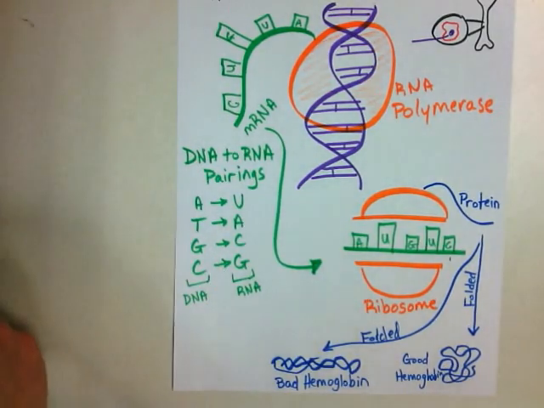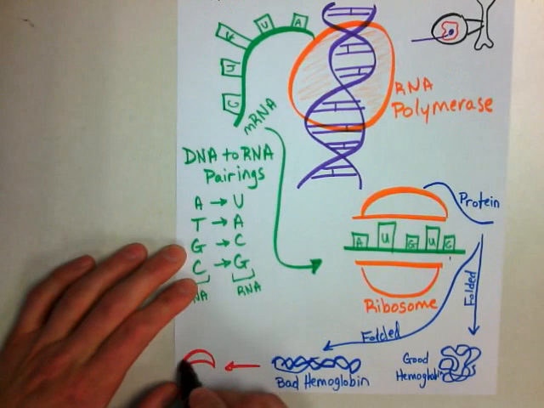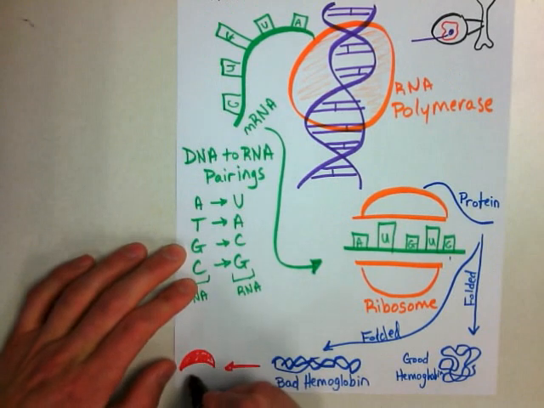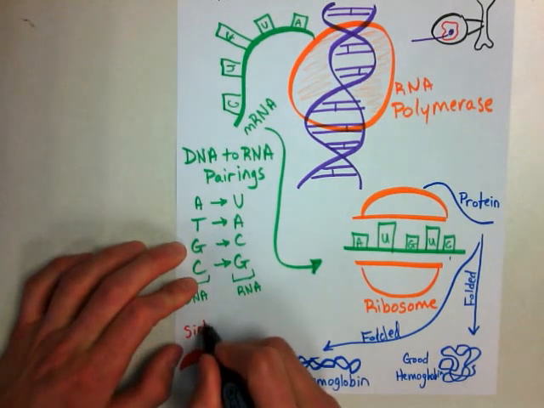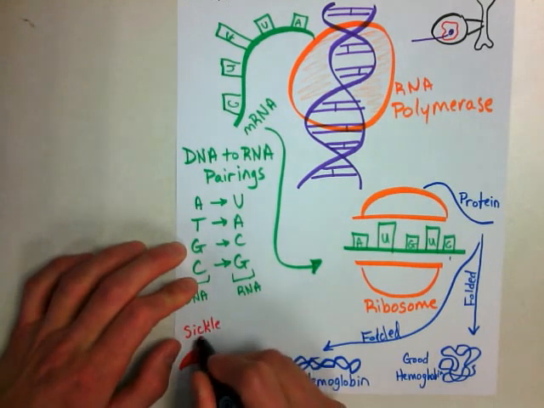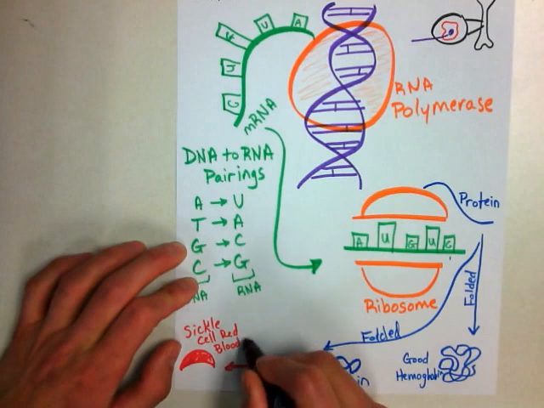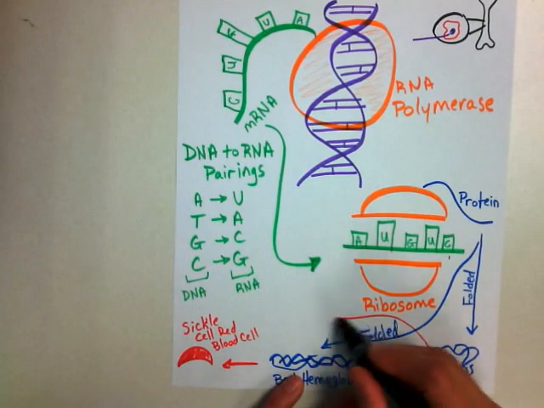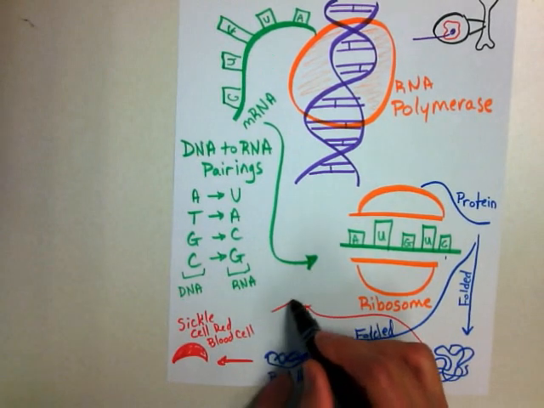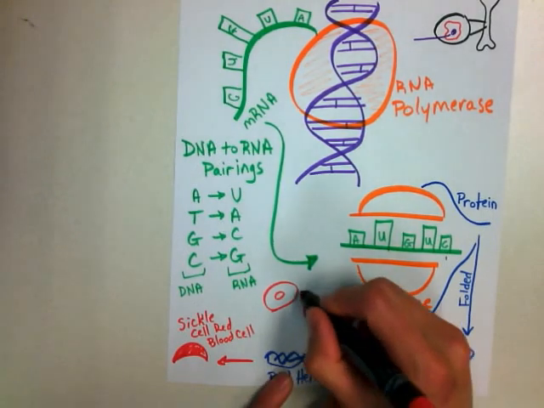So bad hemoglobin actually forms these sickly cells, and this is sickle cell anemia, sickle cell red blood cell. Whereas this hemoglobin over here, this makes a proper hemoglobin shape, and therefore a healthy, normal red blood cell.